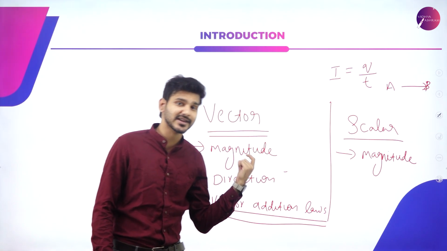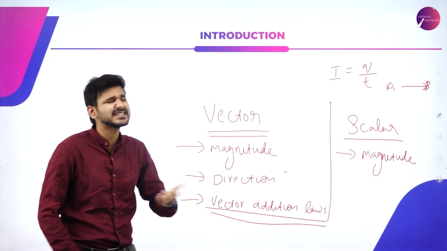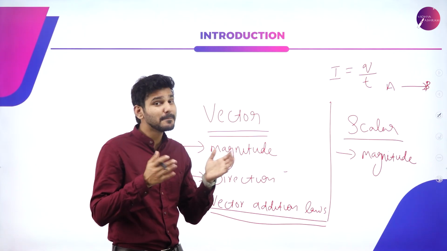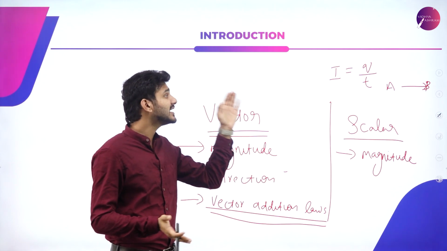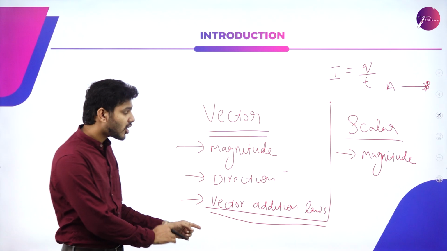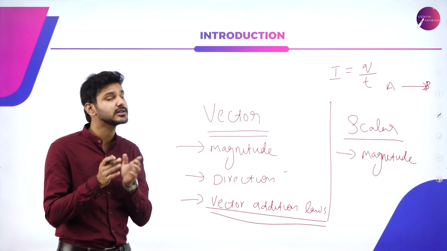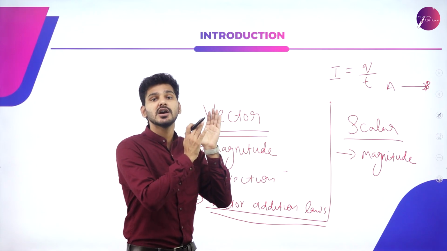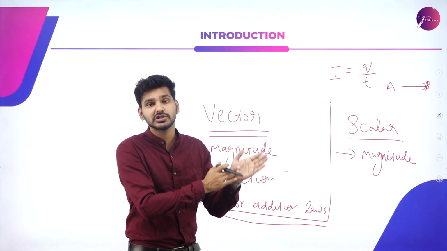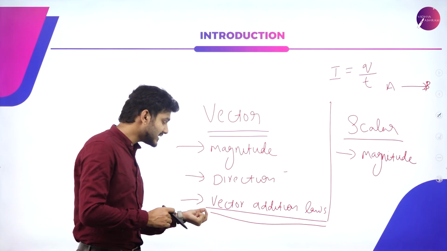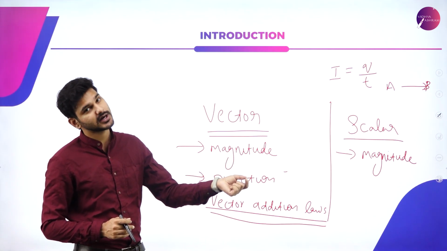Does that make it a vector quantity? It seems it would almost make it into the vector category, but in actuality it is a scalar quantity, because it is not following the law of vector addition. Even though this quantity has a direction and a magnitude, it is not a vector quantity because it is not following the laws of vector addition.